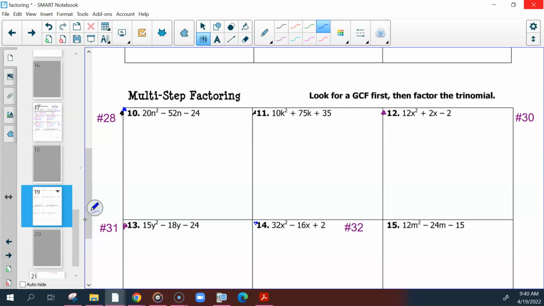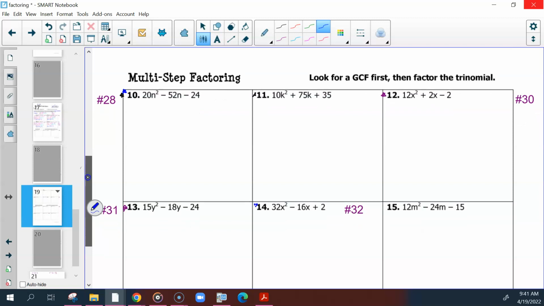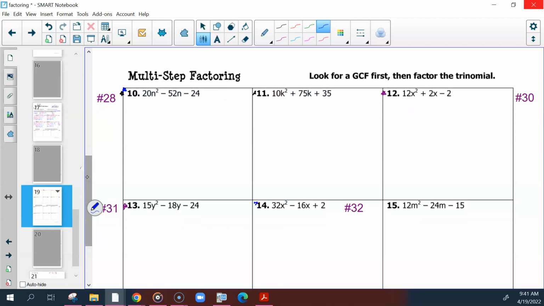I was confused how you got this. For number 10, does this have a GCF? 2?